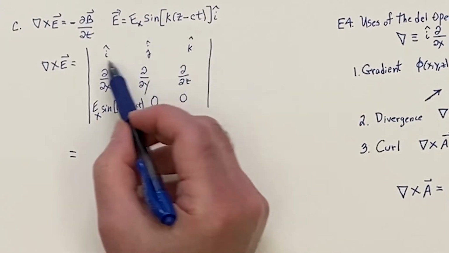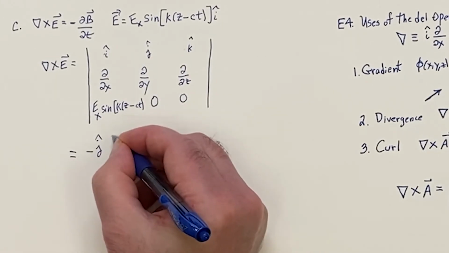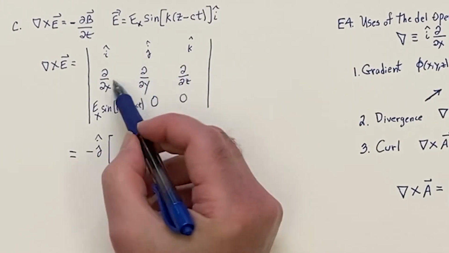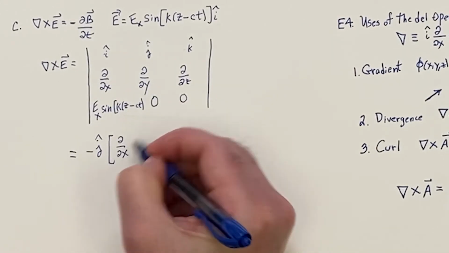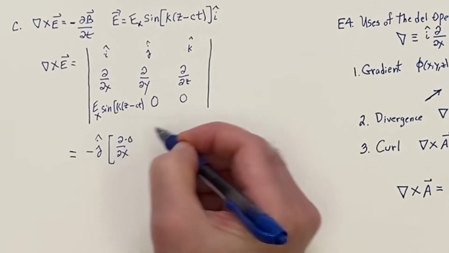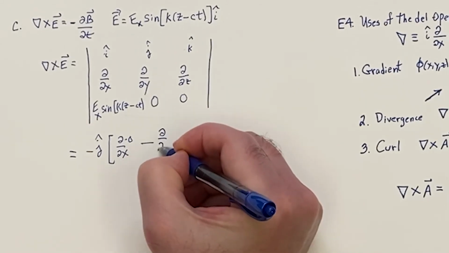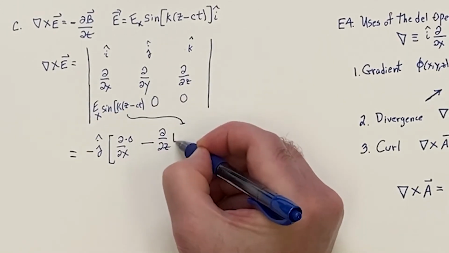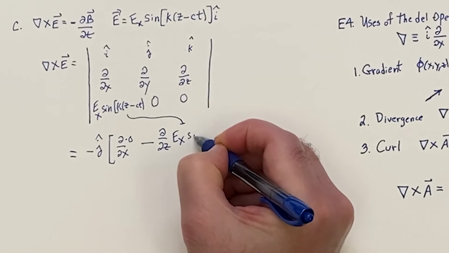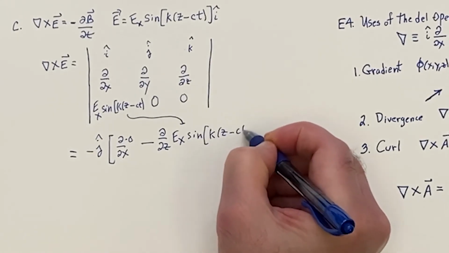Here is plus, minus, plus, so we put a minus j hat like that. Then it'll be the partial of x working on 0, and then the partial of z working on this thing over here, the Ex sine of kz minus ct.